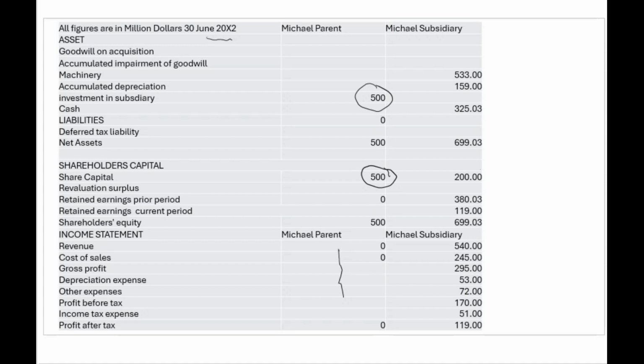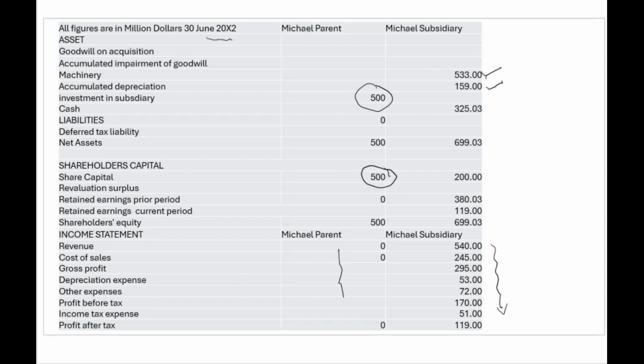Michael subsidiary, on the other hand, has actively operated and made profits. The machinery, which is the cost is 533, and the accumulated depreciation has become 159.